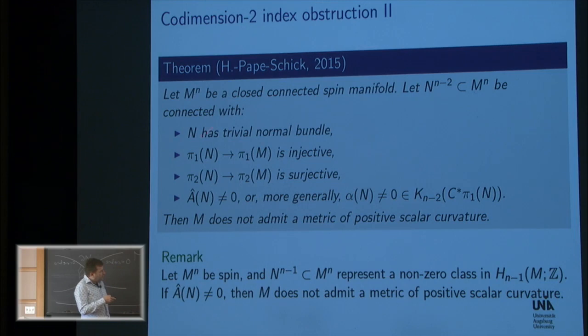And concerning this codimension 2 obstruction, I think there is no analogue of that without the spin condition, as far as I know. So this really points into the direction that we have strong homological properties of K-theoretic invariants and this index invariant of Roe, so that we can prove such a statement, which, by the way, generalizes a statement of Gromov and Lawson from their '83 paper, which is a marvelous piece of work.